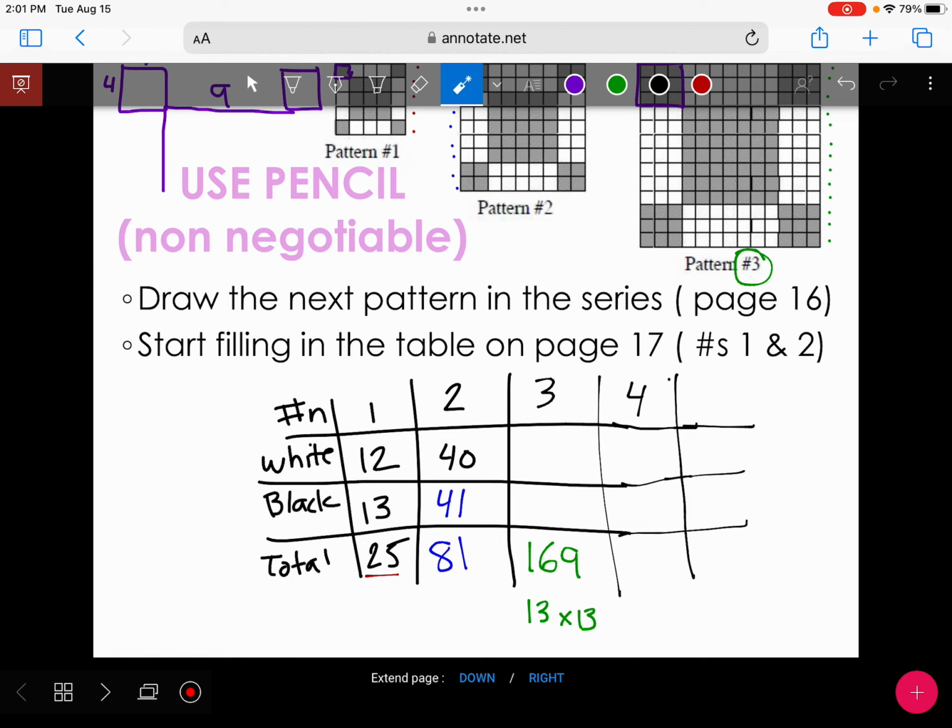12, 13, 40, 41. So is there a way I can figure out how many white and black tiles are here, if there's always only a difference of 1? Could we divide it in half and find exactly where they split? What's 169 divided by 2?